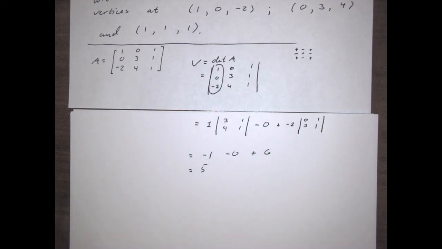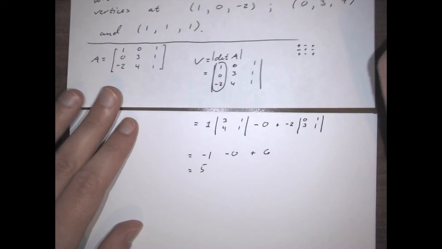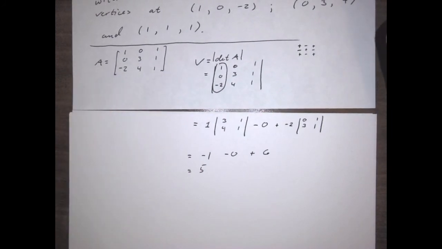Whatever the units of this would be, it's 5 of those cubically. And technically this is the absolute value of the determinant of A. So if this had come out negative, we would just change it to positive. So technically, when we are doing this kind of calculation, we are actually talking about a signed volume.